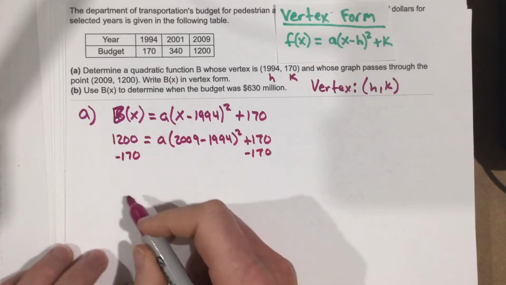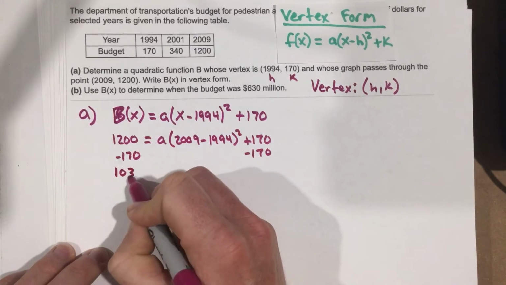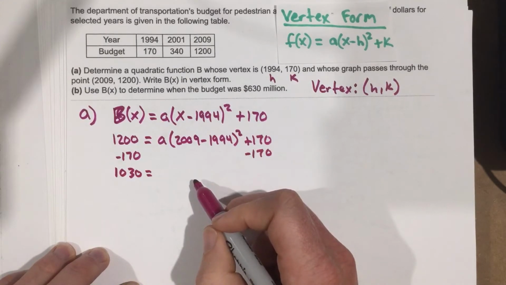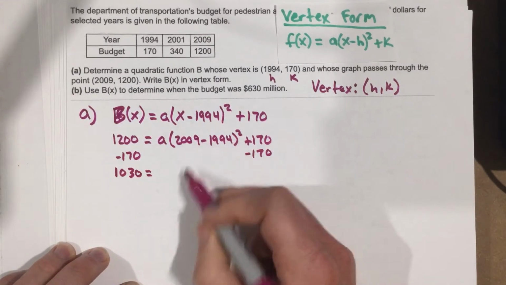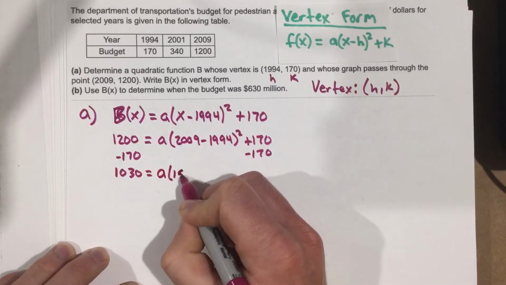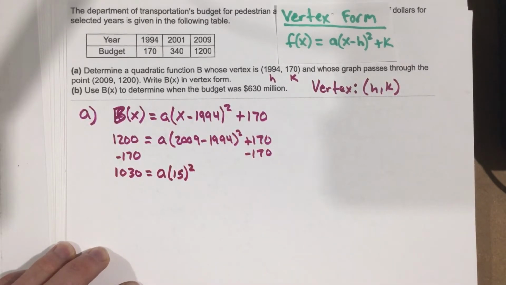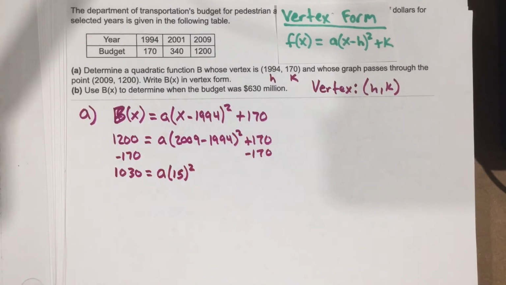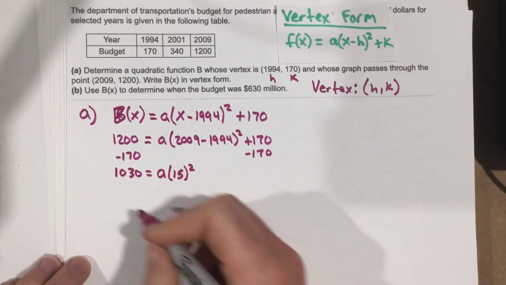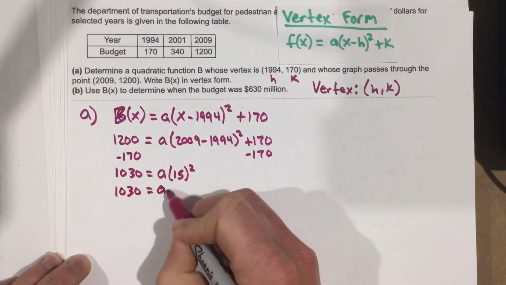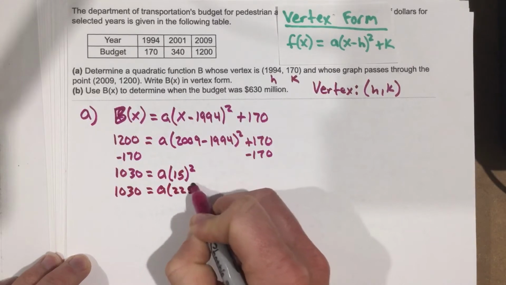Remember, we're trying to find a. So 1200 minus 170 is 1030 equals a times (2009 minus 1994), that's 15 years. So it's a times 15 squared. 15 squared is 225, so it's 1030 equals a times 225.